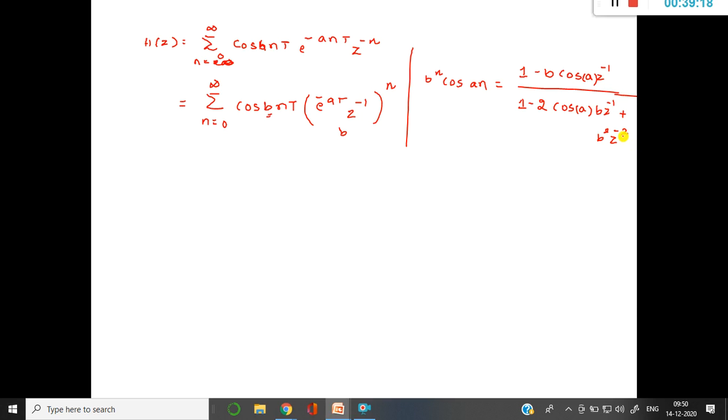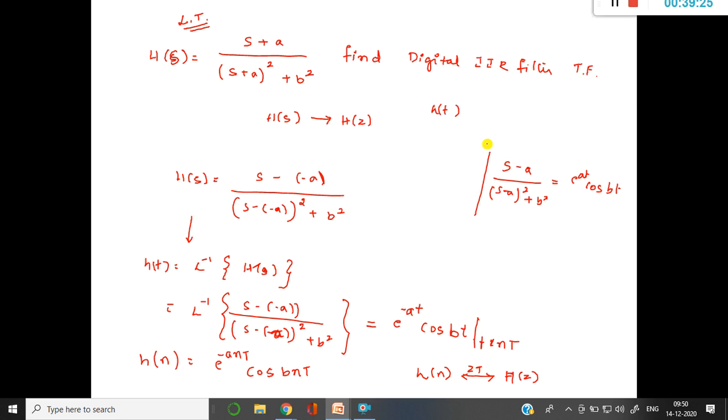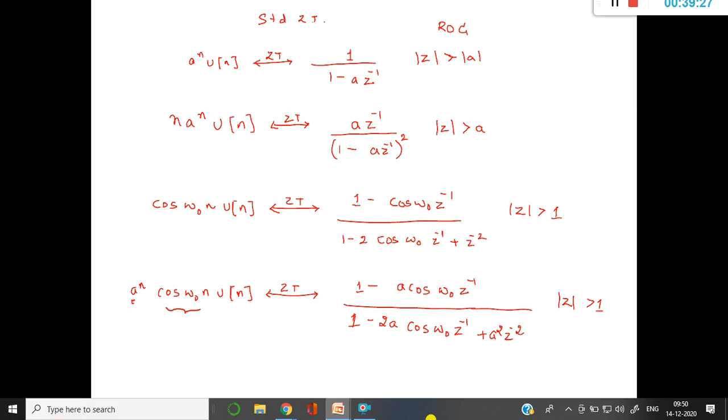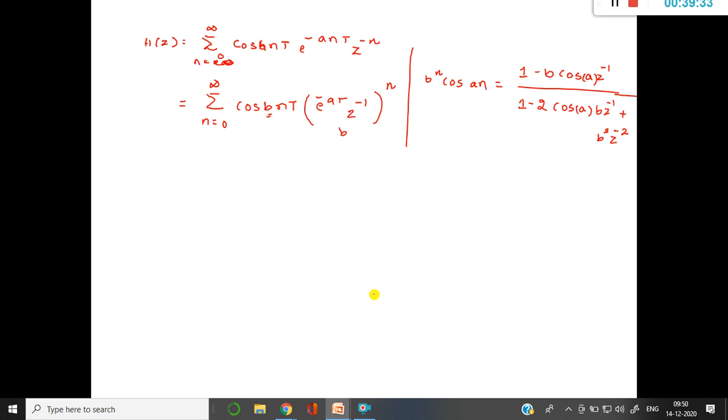This is the standard formula that I can apply here. The same formula I am taking from the standard z transforms.